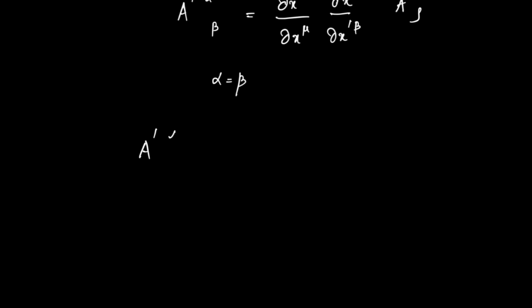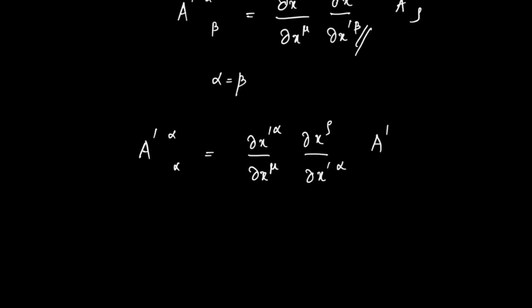A prime alpha is equal to partial derivative of x prime alpha with respect to x mu, then partial derivative of x rho with respect to x prime alpha, because this beta is now equal to alpha, right? So here also I have to put alpha, and A mu rho. All the other things are as it is, I'm just putting alpha equal to beta.